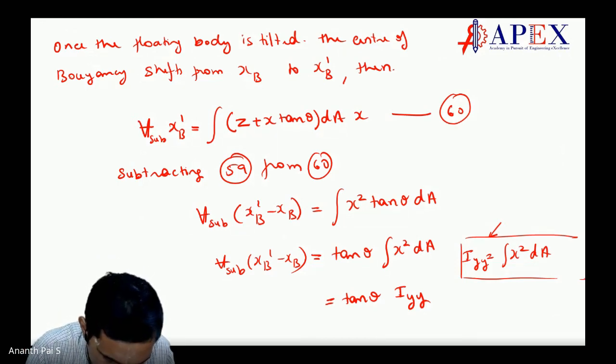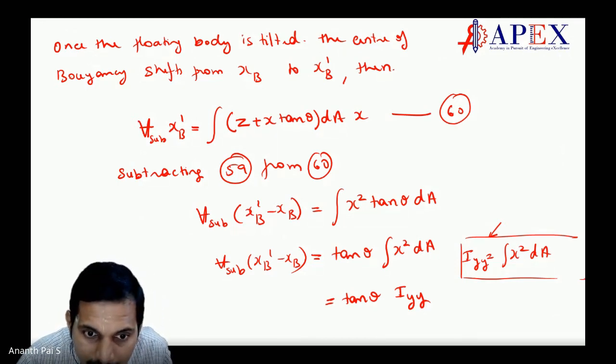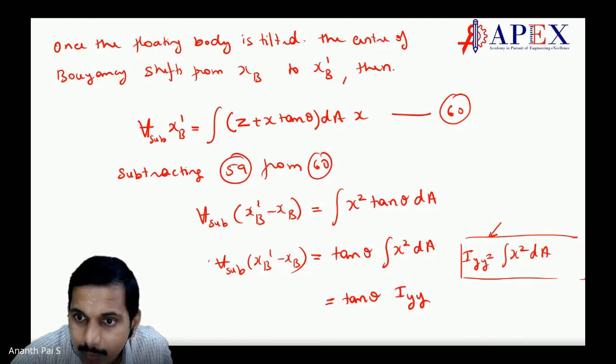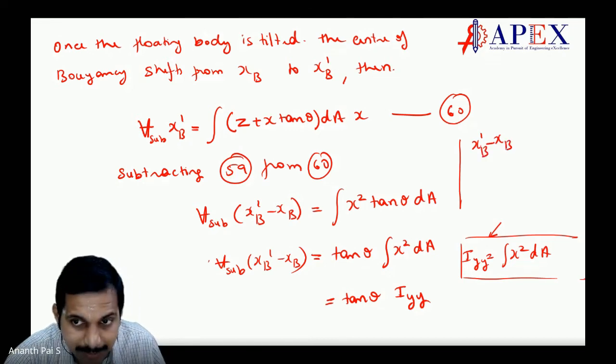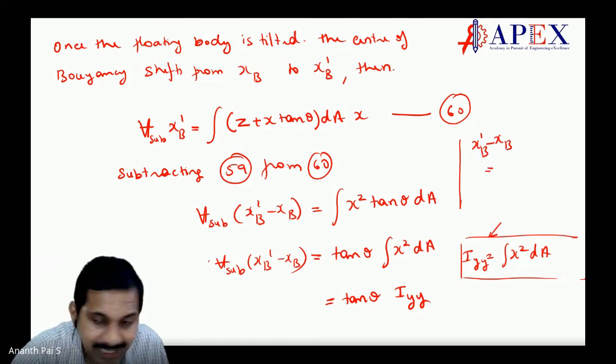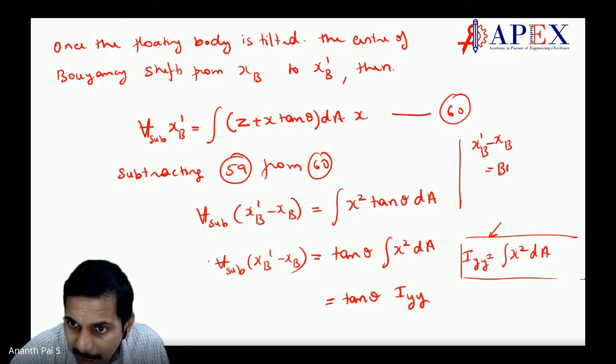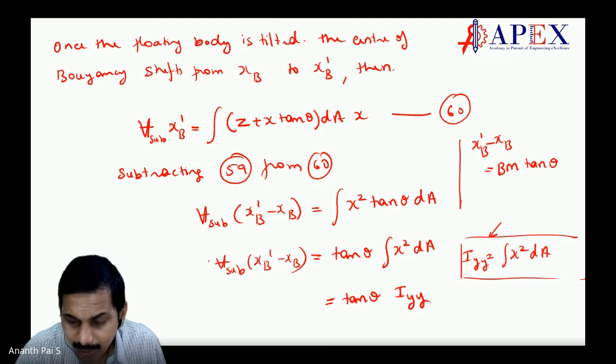Another side. If I consider this side, what is x dash minus x, that is, b dash minus b? That can be written as bm tan theta. How can that be written?